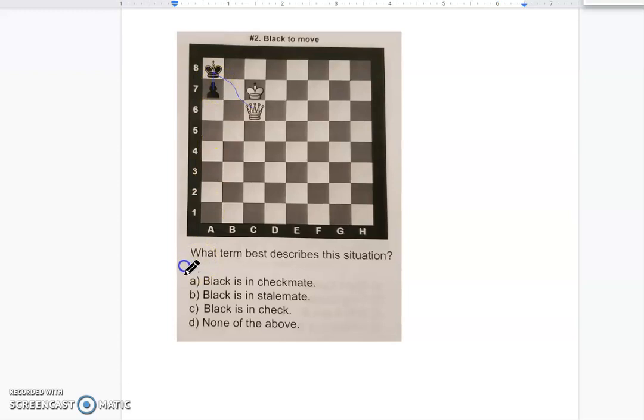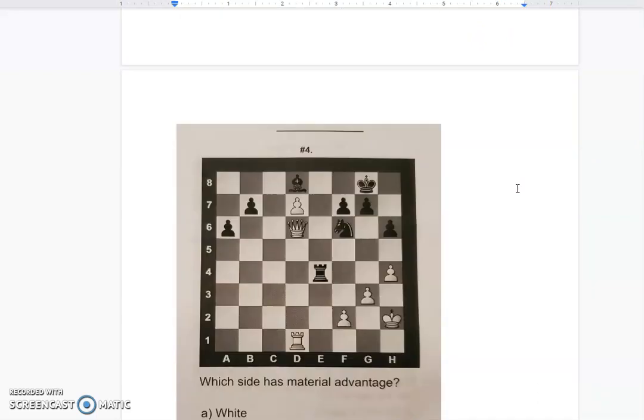So this is checkmate because the king can't go there. Can't go here because the king is actually guarding that spot. Yeah, kings can capture pieces. So that's checkmate.